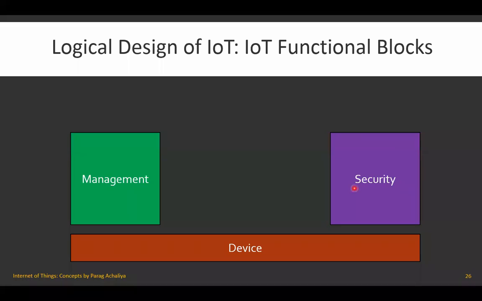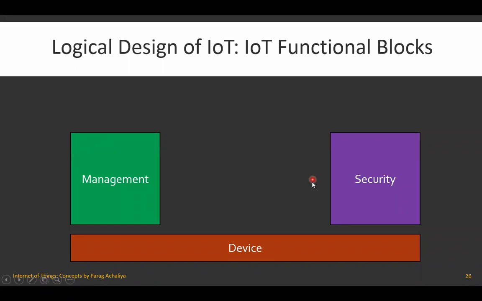So security will be very important in your IoT application, because everything will be online, through either a wired network or a wireless network. So data security, network security, infrastructure security, all types of security are very much important in your IoT application.